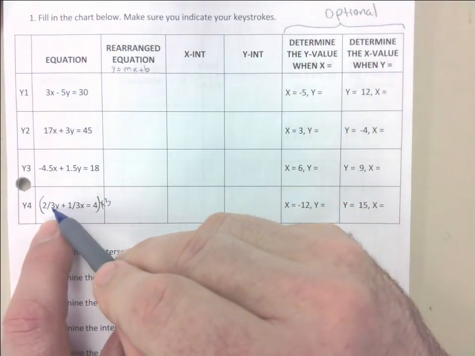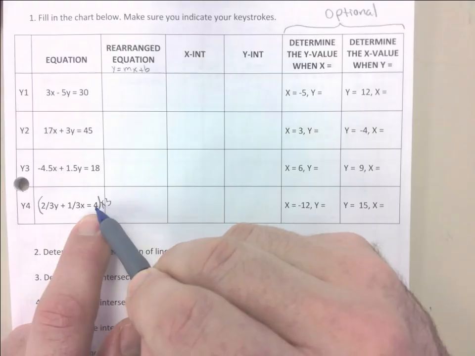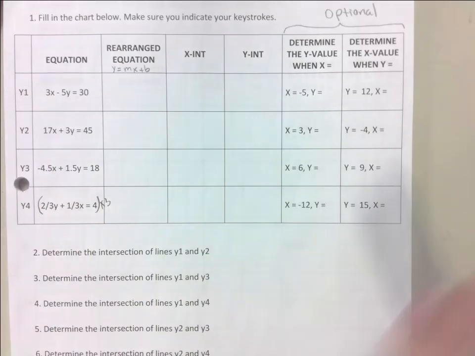So basically this third and that third will cancel out, they'll be gone. And then on the right side you have to go 4 times 3 to get 12, right? And then it's much easier to work with and rearrange. So that's for you there. I'll leave you to it for now. I'll post a key so you can check. And I'll walk around and make sure you're on task, okay?